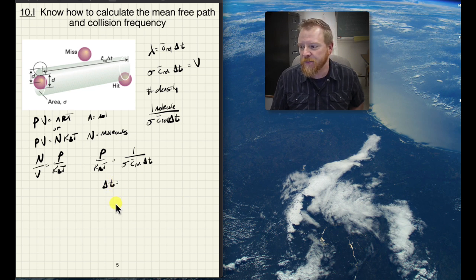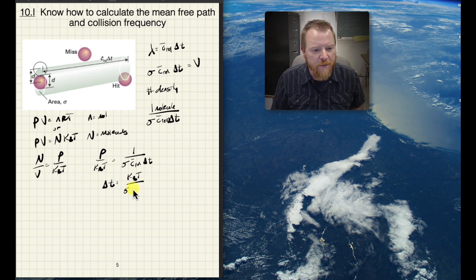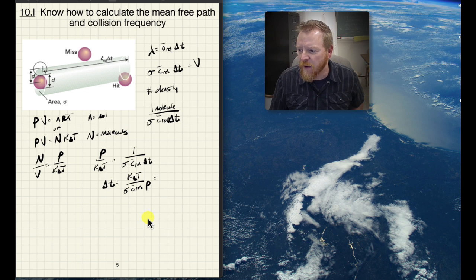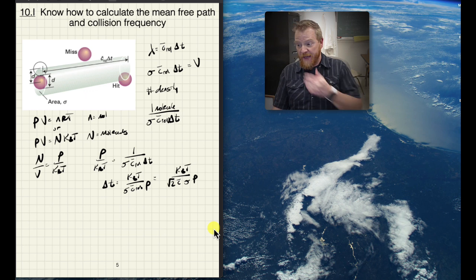So delta T will equal, doing the algebra here, k_B T over sigma times C bar relative times P. And then if we collect some terms, with a little bit of algebra, instead of writing C bar relative, I'm just going to write root 2 times C bar, changing C bar relative to C bar, times sigma times P.